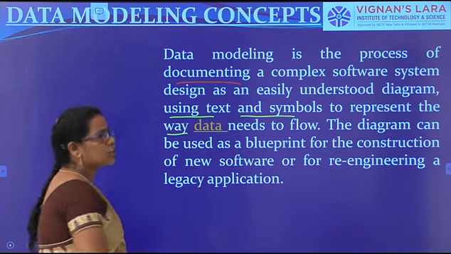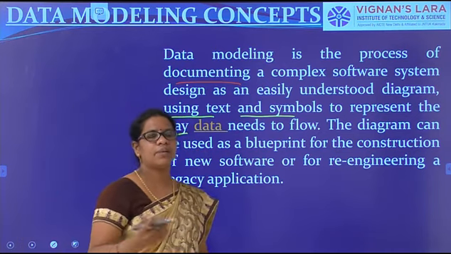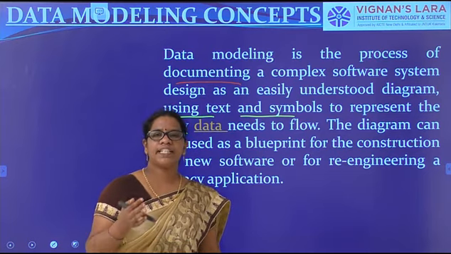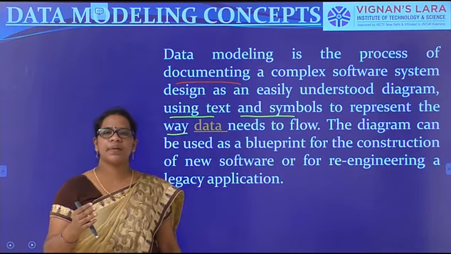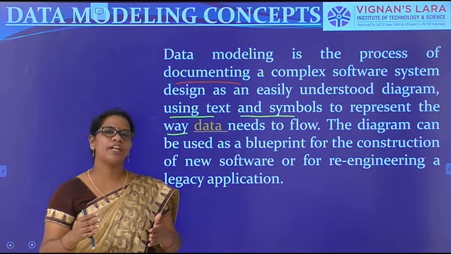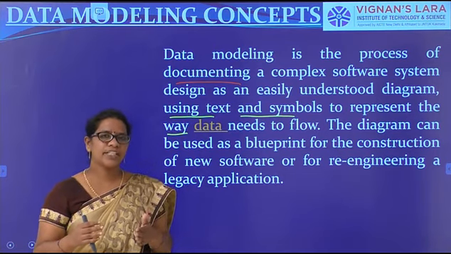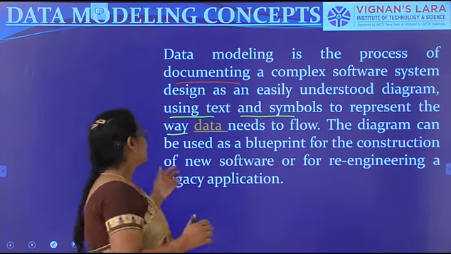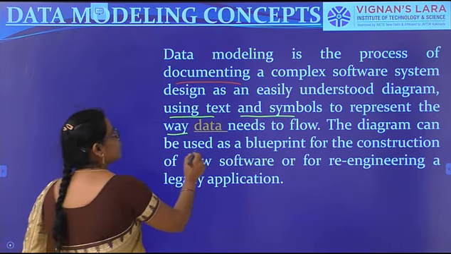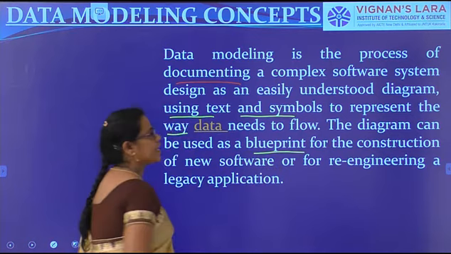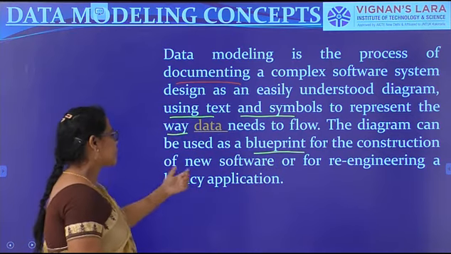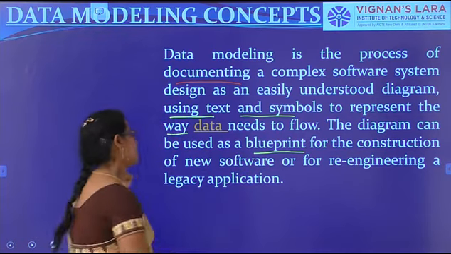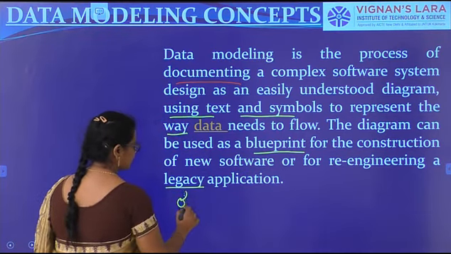For example, the material I am giving to you is a data model, because the system designers are noting each and every design and diagram. The diagram can be used as a blueprint for the construction of new software or for re-engineering legacy applications. Legacy means old programs.